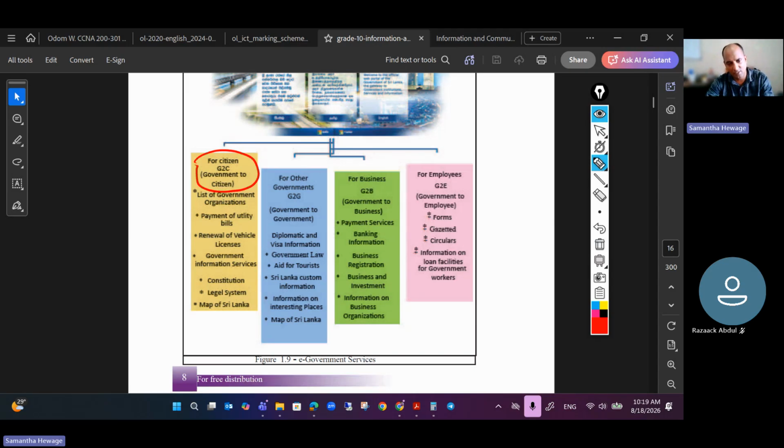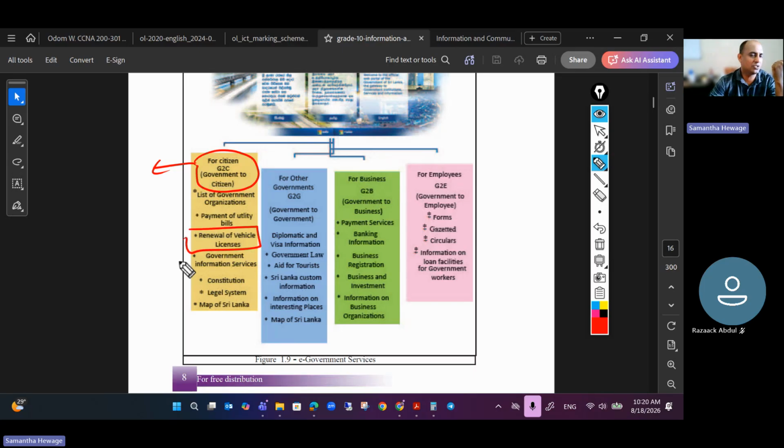What kind of services, very simple, can you achieve through the e-government principle? Let's say nowadays, if you have a vehicle, you can renew your license, right? You can renew your driving license through the online platform, right?